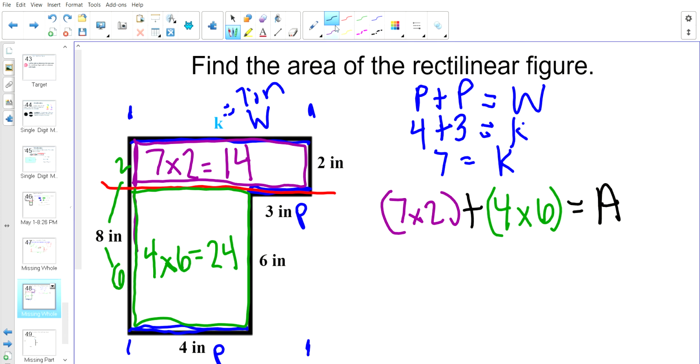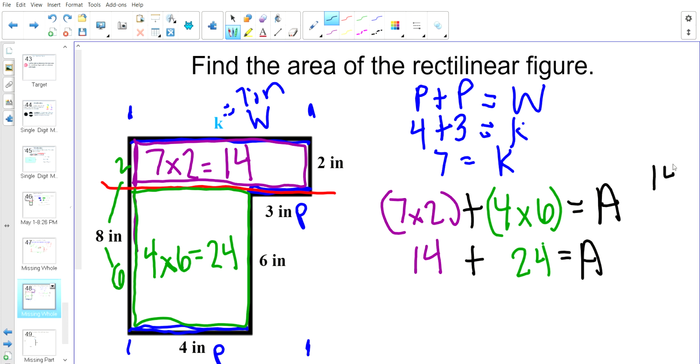7 times 2 equals 14. I'm going to add that to the area of the 4 by 6 rectangle. 4 times 6 equals 24. So I'm going to add the area of rectangle 1, 14 square inches, plus the area of rectangle 2, 24 square inches, to find the total area of the entire rectilinear figure.